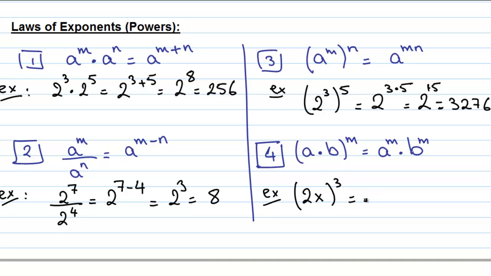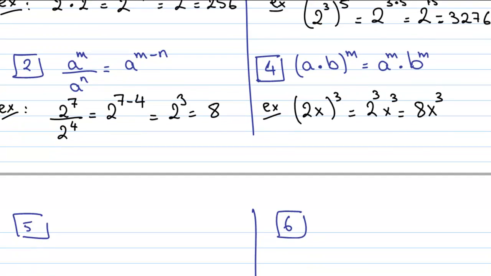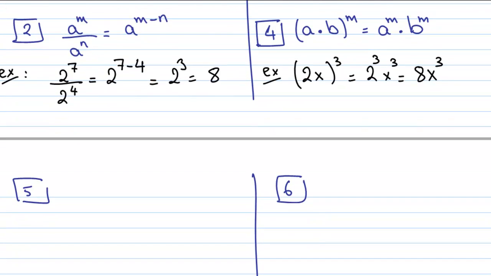So I will distribute the exponent over the values we have in the brackets. So I have 2 power 3 and x power 3. So finally we have 8x cubed. Cubed means power 3. You can see that.